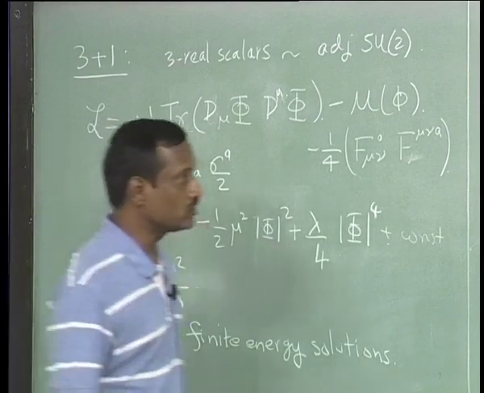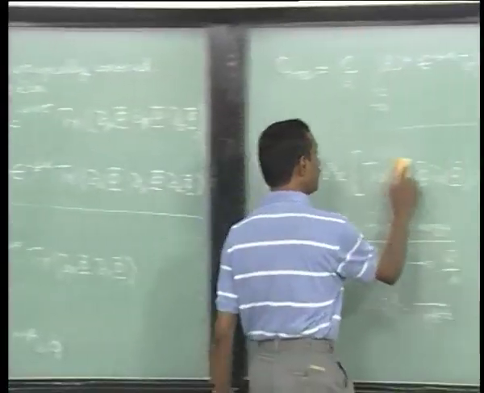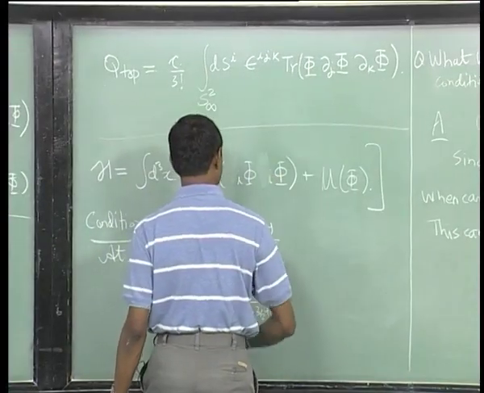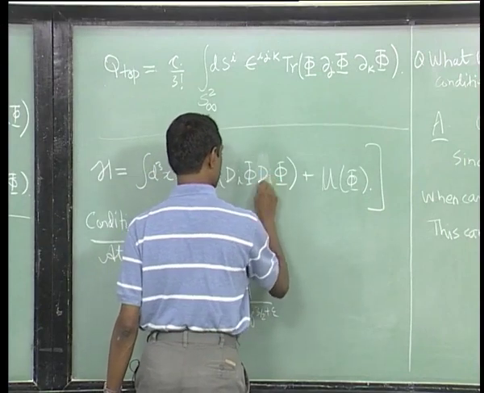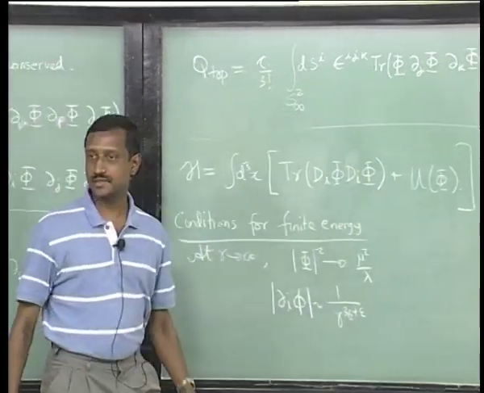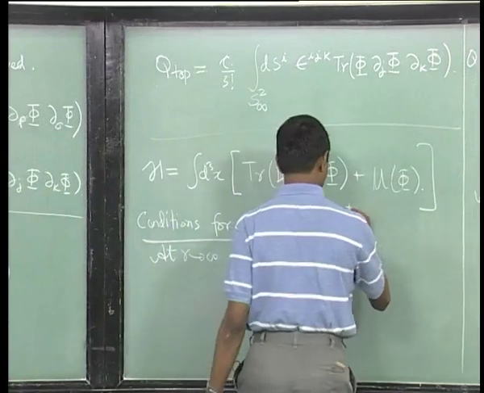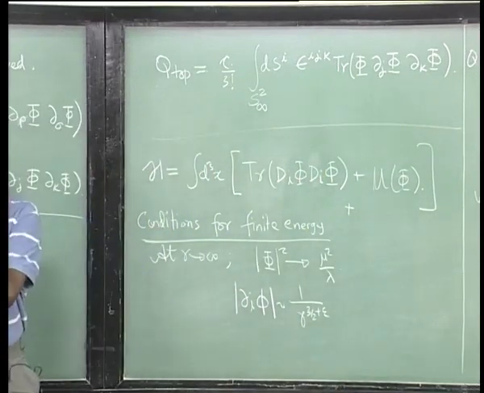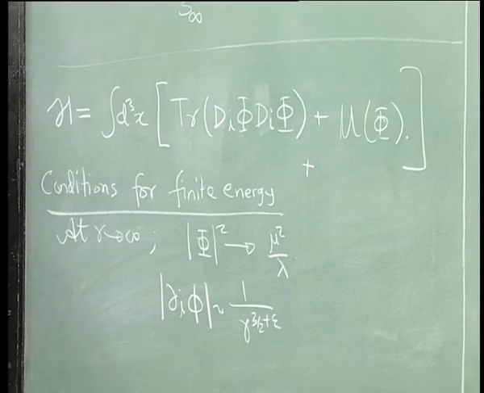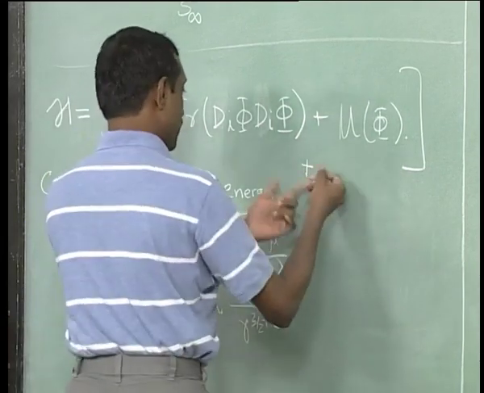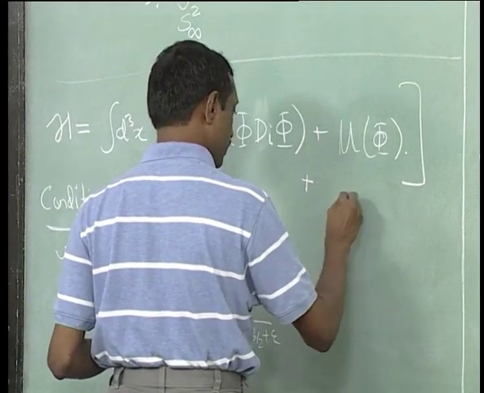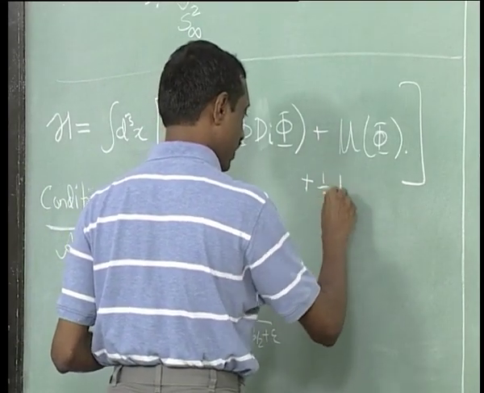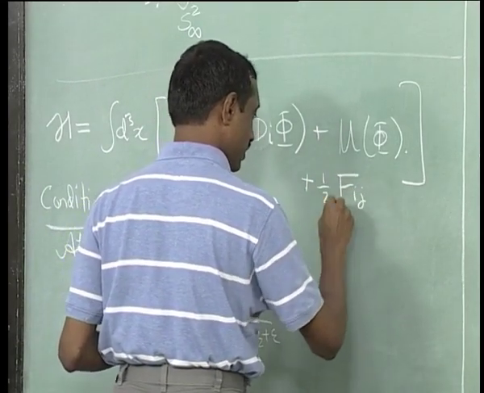If you come back to the Hamiltonian density, again the same thing happens. This becomes this plus, remember we chose A0 to be 0 and everything was time independent, so there is no electric term. I am not writing that piece, but there will be a piece coming from F_ij, half F_ij squared.